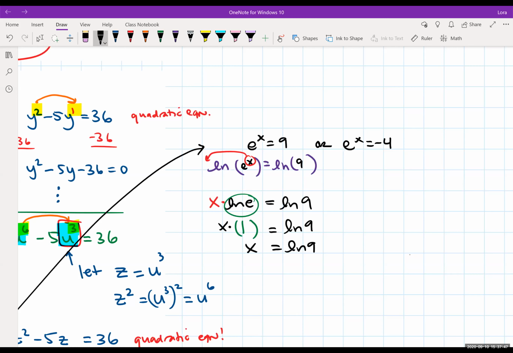We're going to take the same approach on this e to the x equals negative 4. So if we were to do that, what do you have? Natural log of e to the x equals natural log of negative 4. And right away, what's causing issues for me, you can go through the whole technique again, but this should probably start alarming you. I'm saying, wait a second, this is a negative argument.